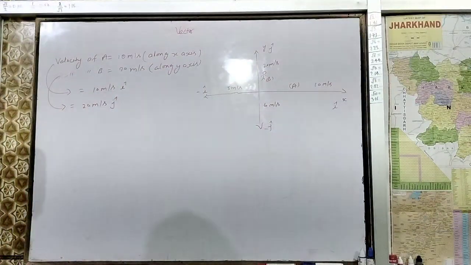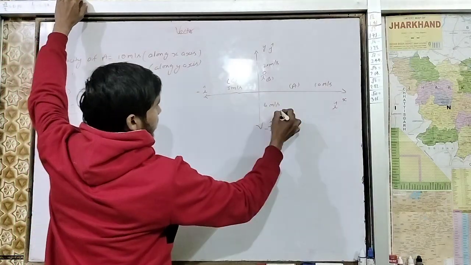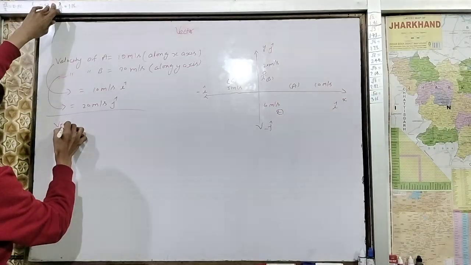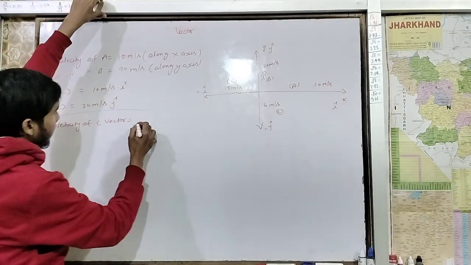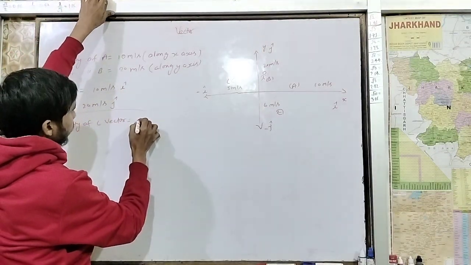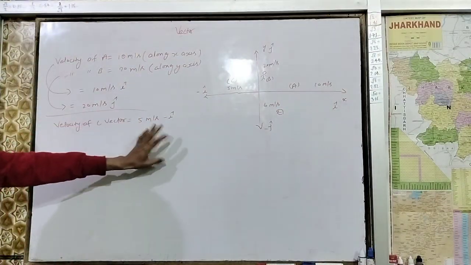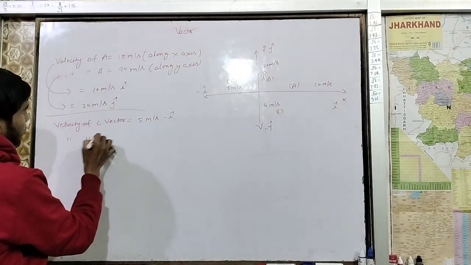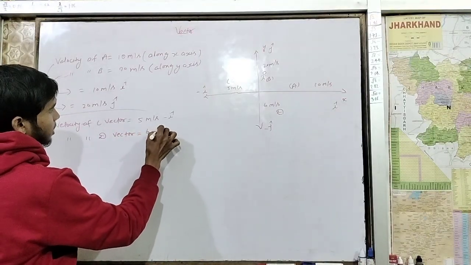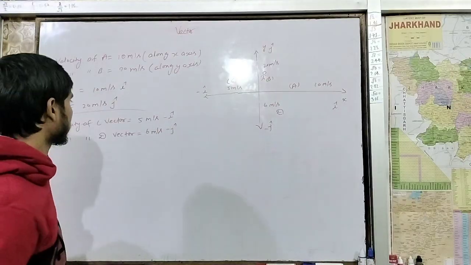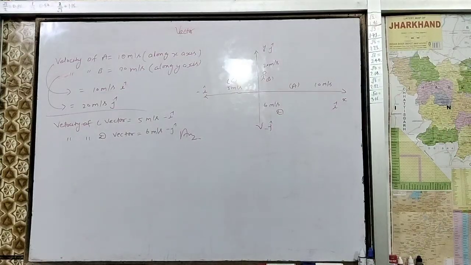Okay, no problem. Now we will say this is C and this is D. So the velocity of C vector is 5 meter per second minus i cap. Minus is important. The velocity of D vector is 6 meter per second j cap. That is how we communicate with this i cap, j cap, k cap.